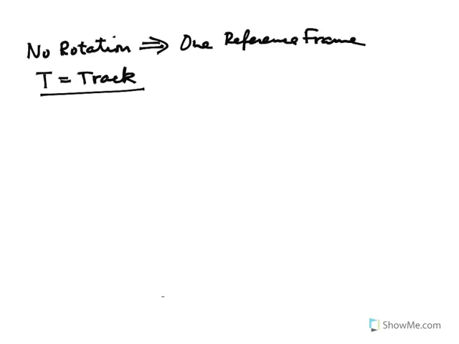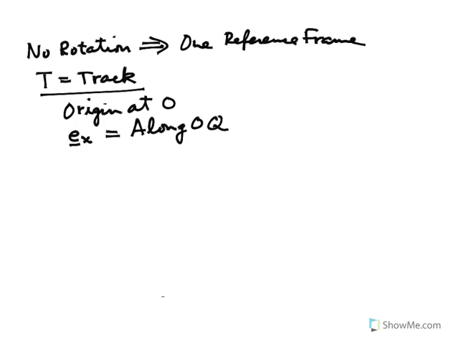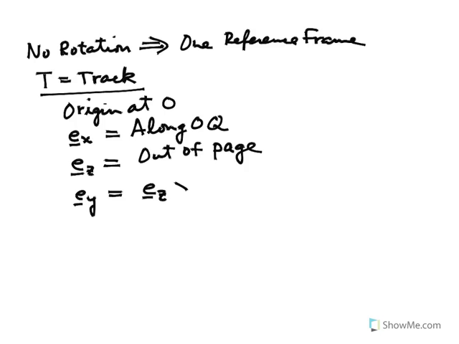The coordinate system that is going to be fixed in the track is going to be this one. We're going to put the origin at O. We're going to put EX along OQ. And then EZ is going to be out of the page. And then EY is equal to EZ crossed with EX.